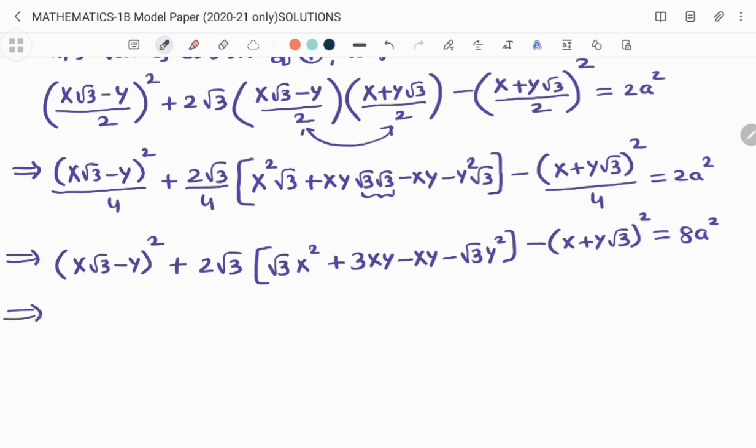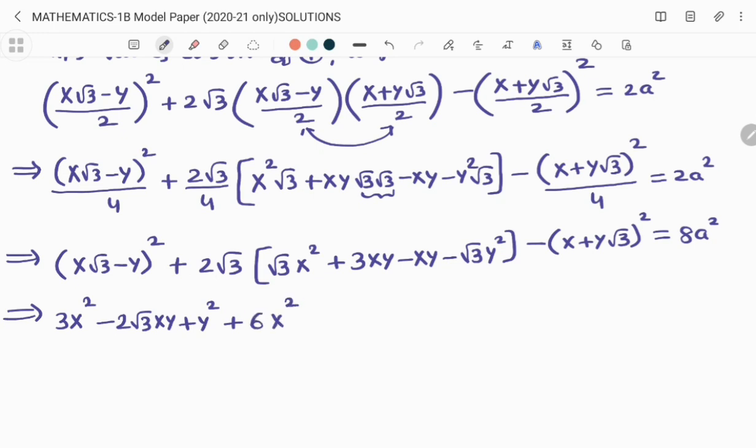So (a minus b) whole square expansion here, root 3 whole square is 3, 3 into x square, 3x square, minus 2ab, 2 into root 3 into xy, plus y square, plus each and every term multiplying by 2 root 3. So 2 root 3 into root 3 is 2 into 3, 6, 6x square.